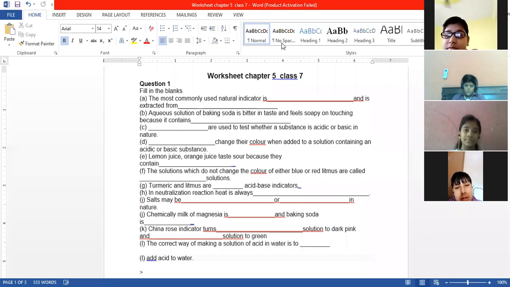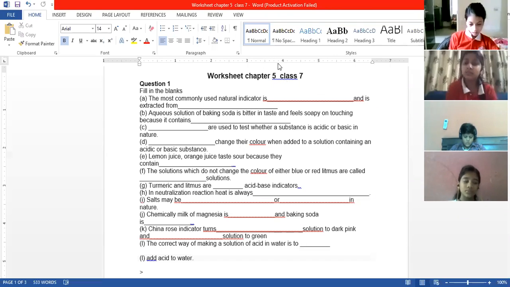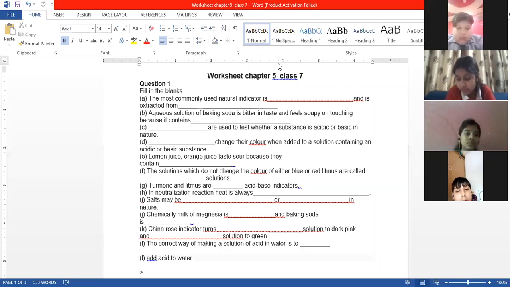Beta, the most commonly used indicator is not turmeric. Vansh Sharma, give the answer for the first A part. Ma'am, litmus paper.